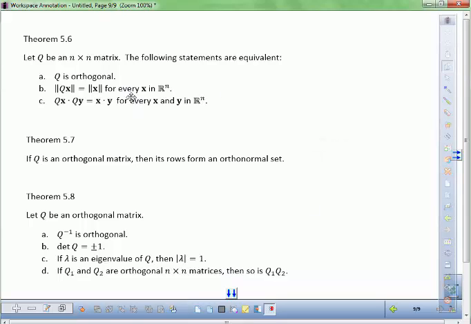Some of these probably should have been added to theorem 5.6. Does this orthogonal matrix have to be square? Not necessarily, but in these theorems they are square. What about for 5.8? I guess it does, just because we're finding determinants and eigenvalues and inverses.